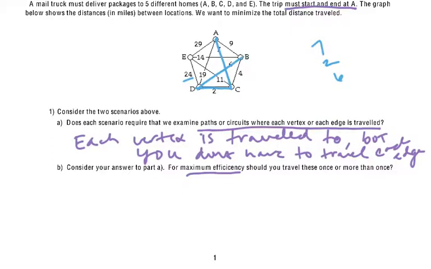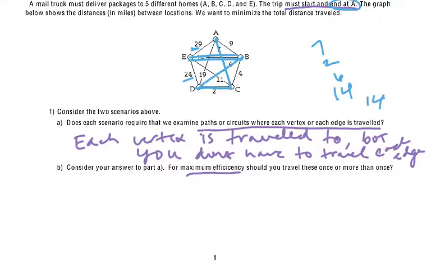And now here's where it gets tricky. I have to go to E. So from B, I need to go to E, which gives me 14. But your gut instinct might tell you once you get to E, you know you have to end at A. So most people might say, we'll go from E to A, but that's 29 miles. If I go from E back to B, that's 14.